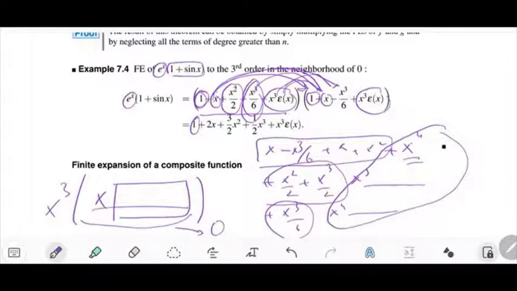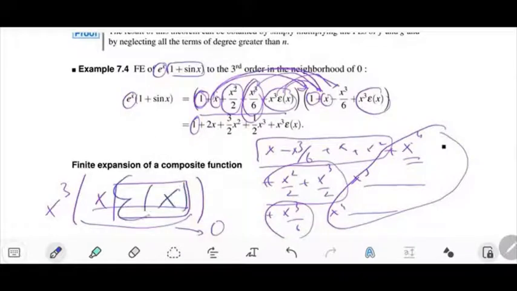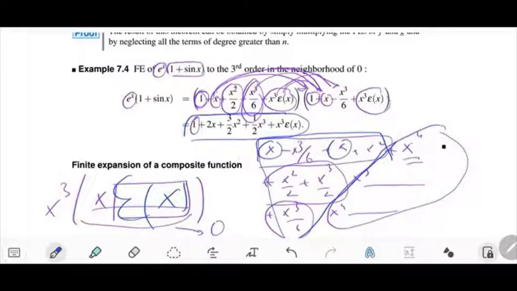So I will call all this expression the new epsilon x. Okay, so my final expansion in here will be all these terms together. So we have x plus x, which will give the 2x in here, etc. You do the calculation, and then plus the x3 epsilon of x.